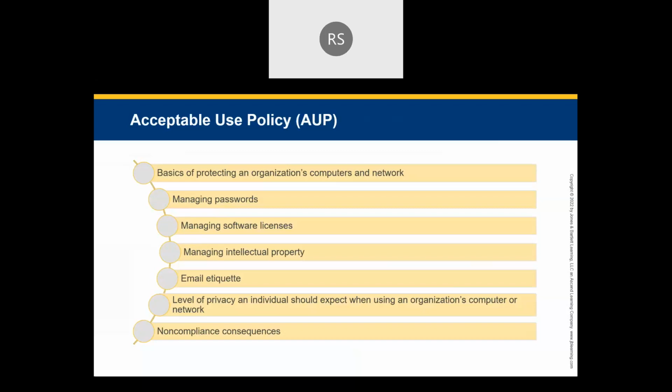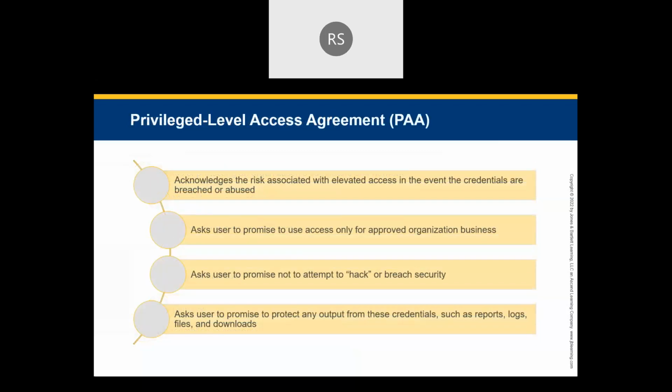Now, the privilege level access agreement is a specific type of agreement that's used to address the risk associated with elevated access privileges within the organization. Some of the key elements of this include that it acknowledges the potential risks and consequences associated with having privileged access to sensitive systems, networks, and data.